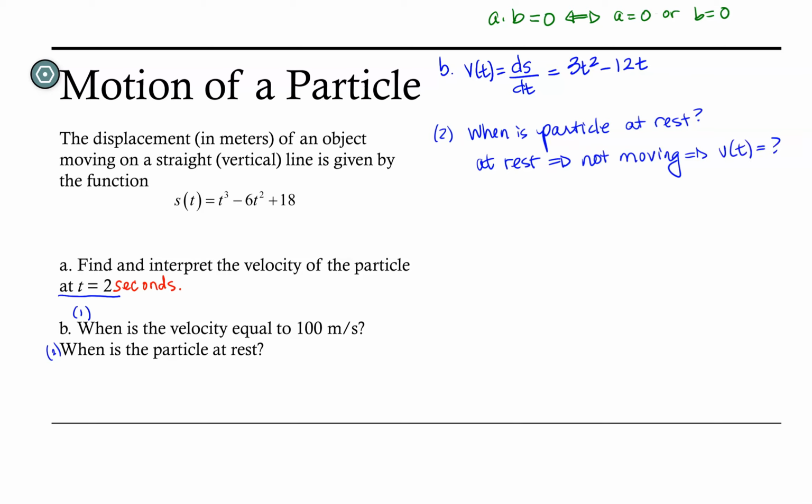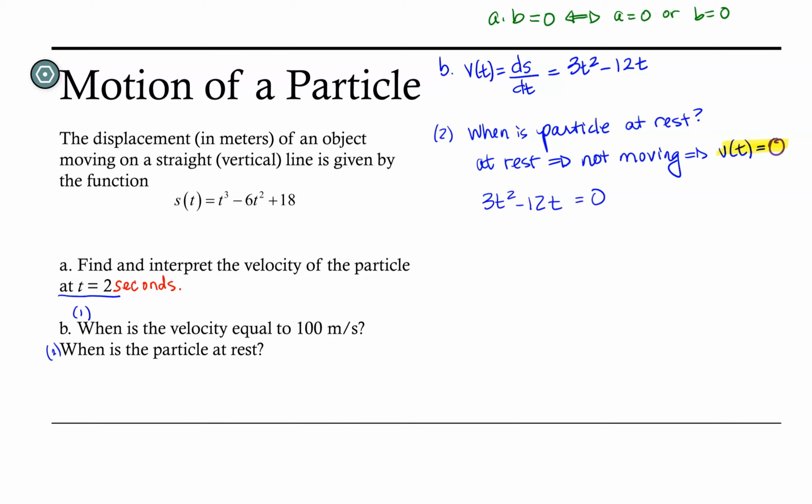Well, if it's not moving, then we would anticipate that its velocity is equal to 0. In other words, it is moving at a rate of 0 meters per second. And so what we want to do is solve the equation velocity equals 0. So to do that, we take 3t squared minus 12t and set that equal to 0.